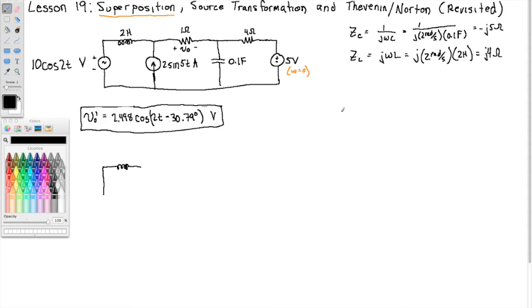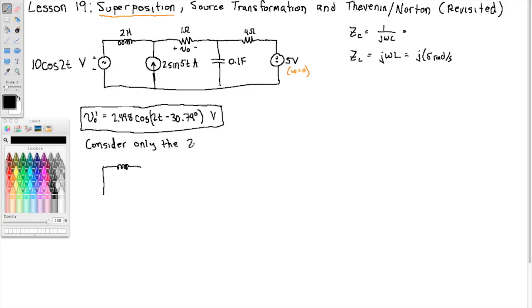And the inductor now, I'm going to erase this. The inductor now is j times 5 rad per second, because we're going to consider only the 2 sine 5t source.